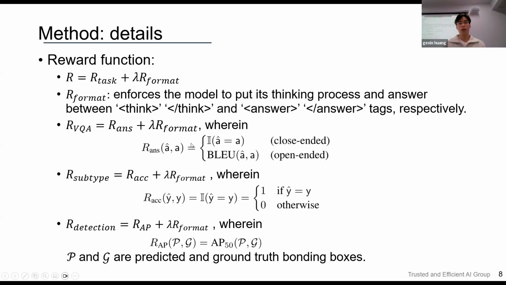Especially for the closed-ended, they utilize the accuracy, and for the open-ended, they utilize the BLEU score. For subtyping, which is a multi-class classification, it utilizes the accuracy reward, which means when the predicted answer is equal to the ground truth, they give the reward 1. Otherwise, they give 0.